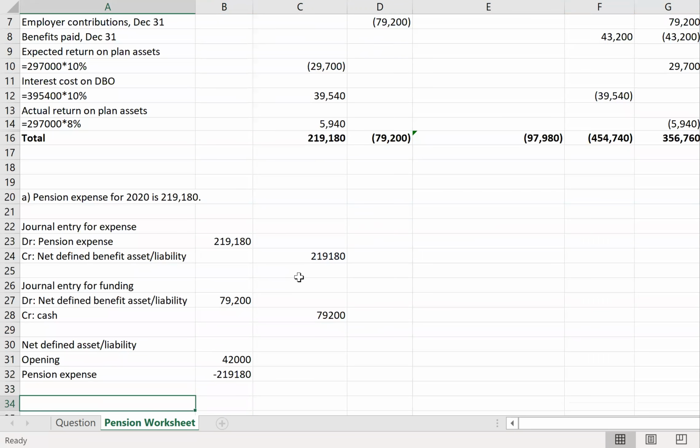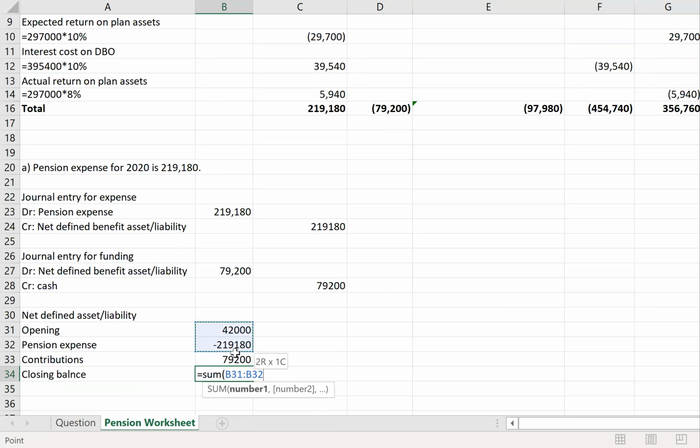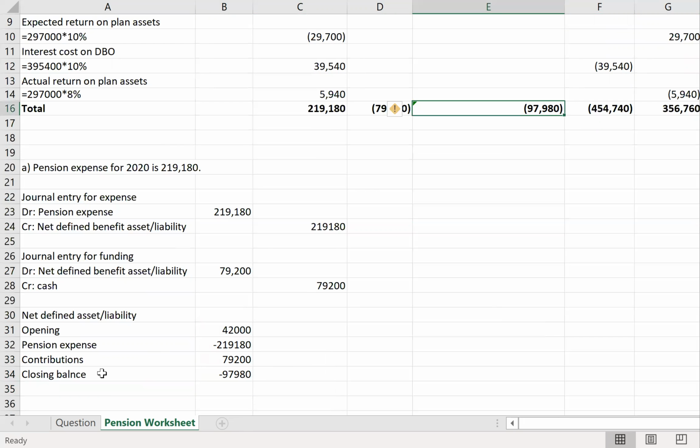Then we've got contributions, decrease it. So then we've got our closing balance of $97,980, which is exactly what we have here.